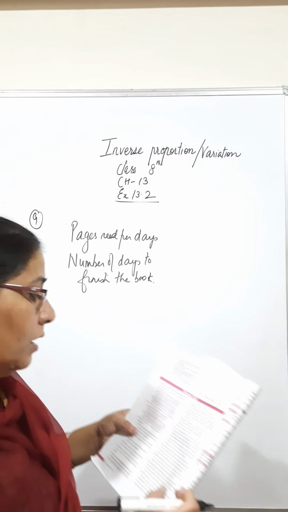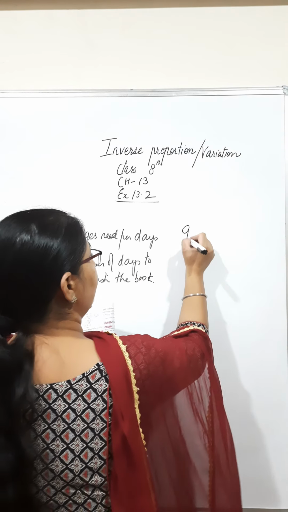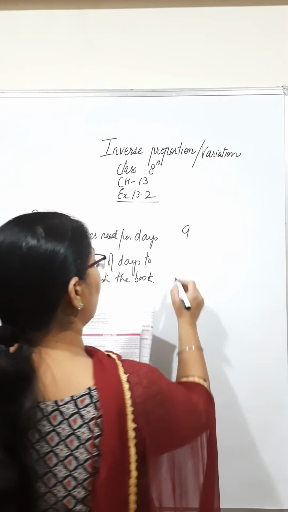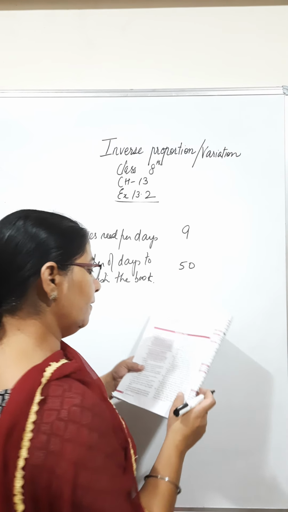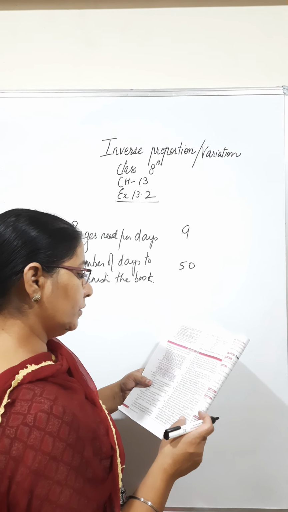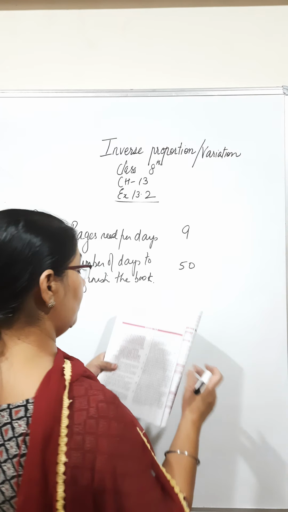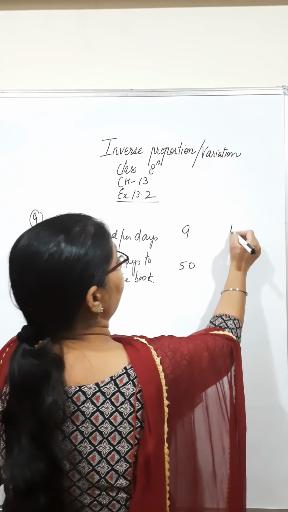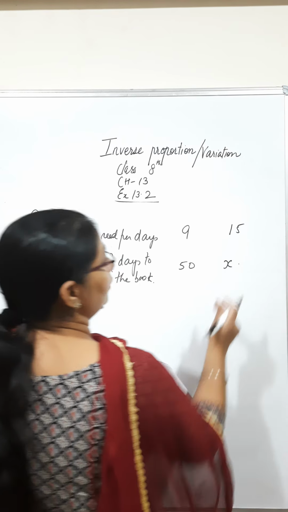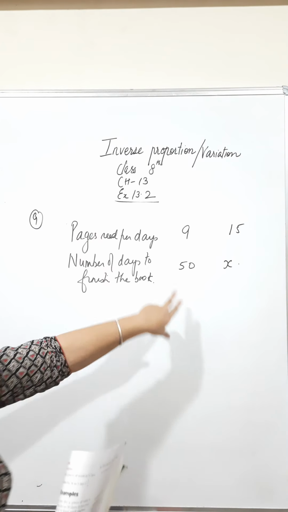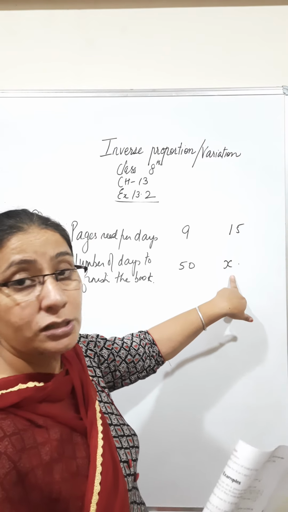If she is reading 9 pages every day, then she finishes in 50 days. And if she reads 15 pages every day, then how many days will she take to complete the work? So let the number of days when she finishes the book be x.